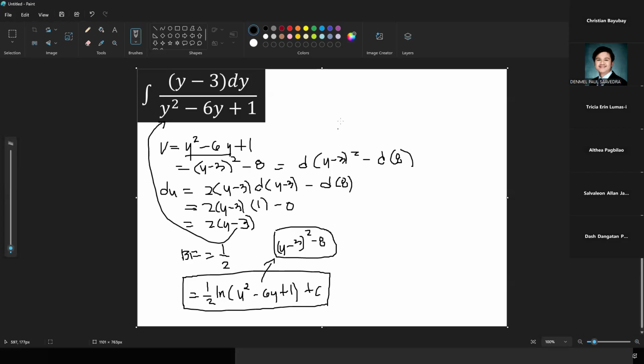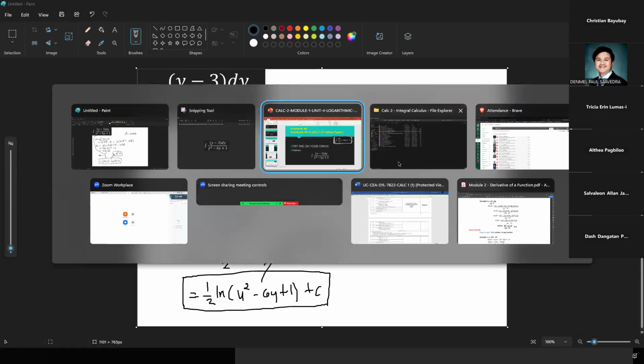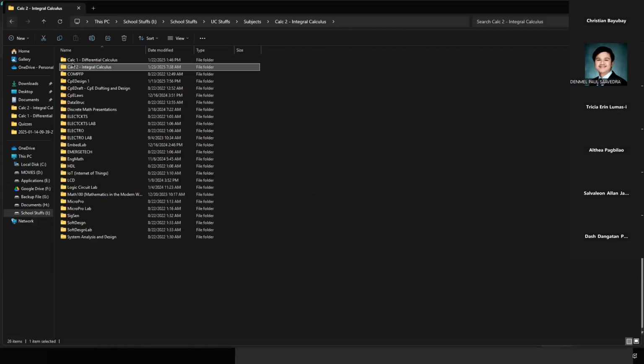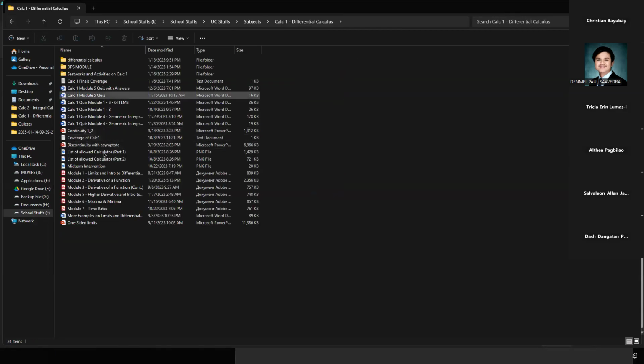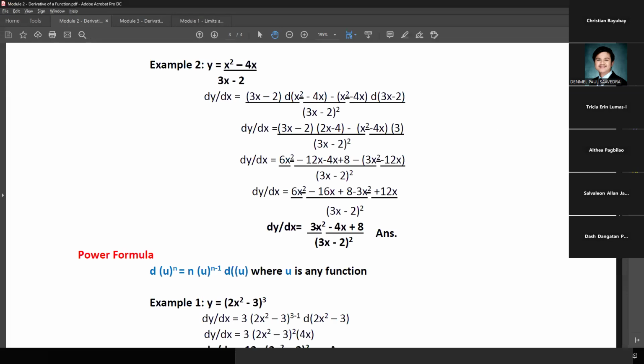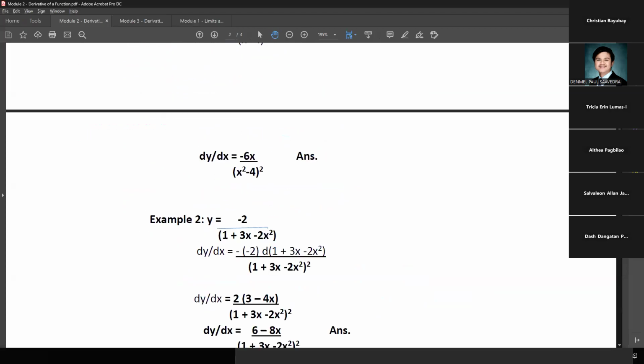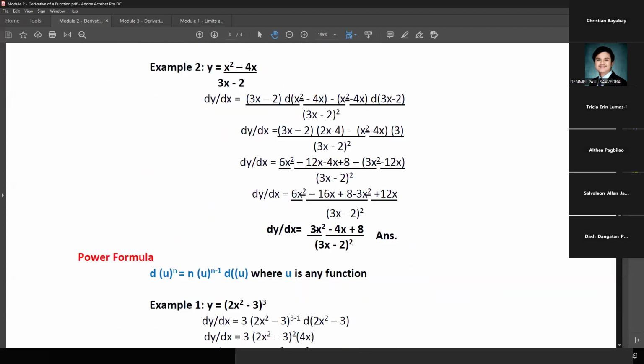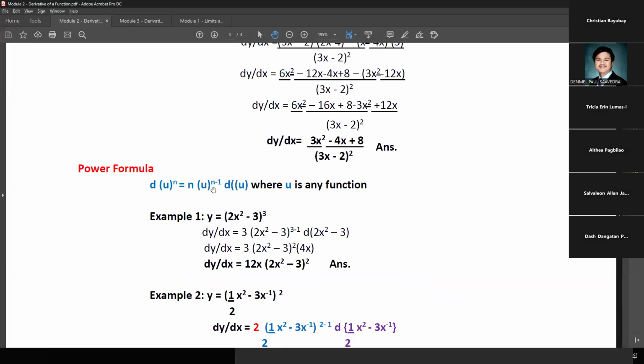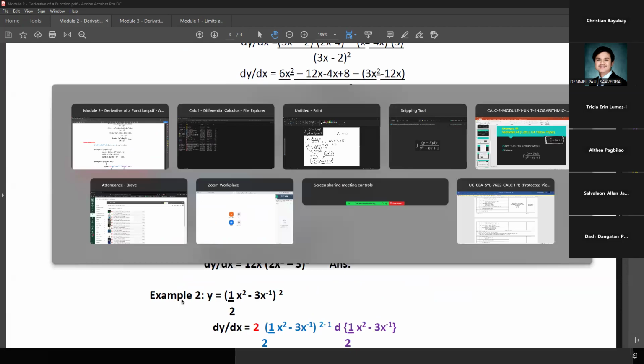So again, this formula came from u raised to n, and then it's n u raised to n minus 1, and then the derivative of u. This one came from calculus one. I don't know if I was able to show this one yesterday, but it's in here.